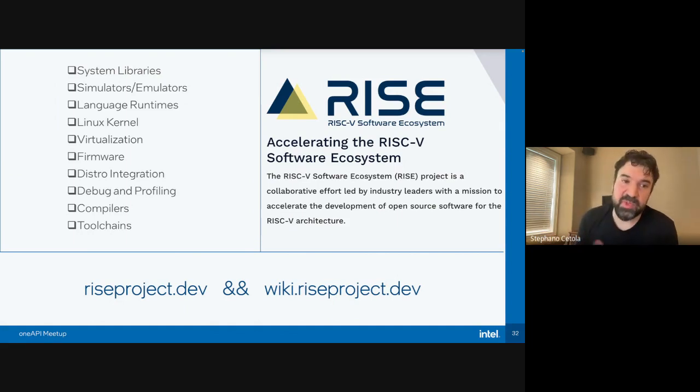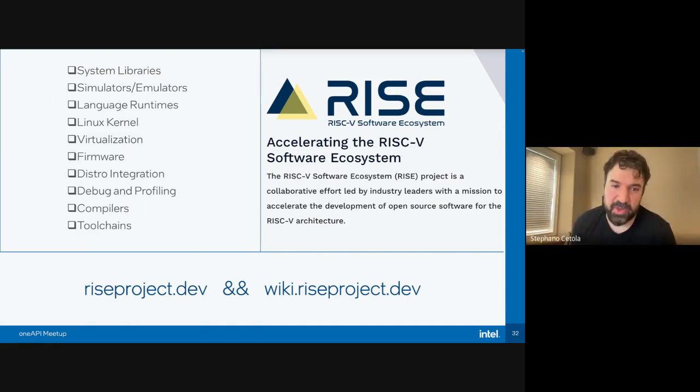So for example, it's really important that while we do this, we work with folks from Red Hat and folks from other organizations inside RISE. I'm picking on Red Hat because they're one of the folks that came to the table first with RISE. And to me, it's a natural alignment with folks at Intel. And a natural alignment with oneAPI is to work with folks like the distros to see what sort of hardware work needs to be done.